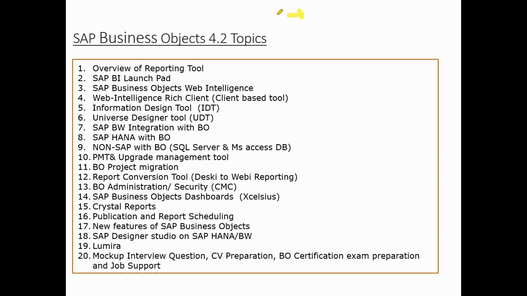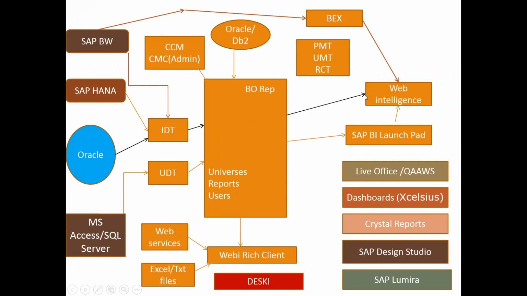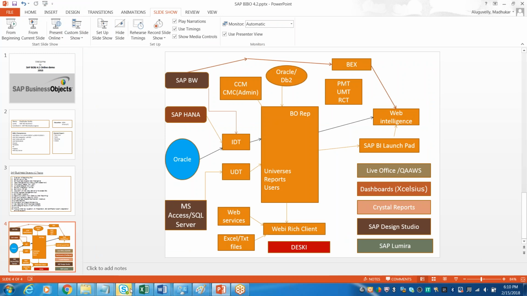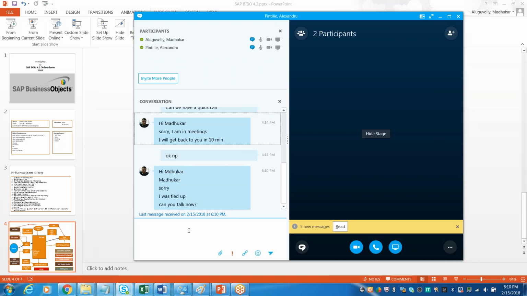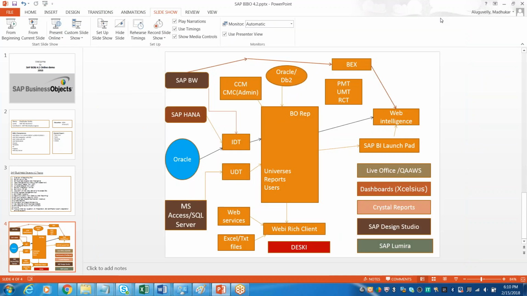But when they use a backend source like SQL Server or Oracle, a different database, it depends on their company. They will go for either SQL Server or Oracle, and based on that they can use some BO tool or QlikView or Tableau or Power BI. They can use any of the reporting tools. But when it comes to SAP, 99% of the projects use the business objects reporting tool.